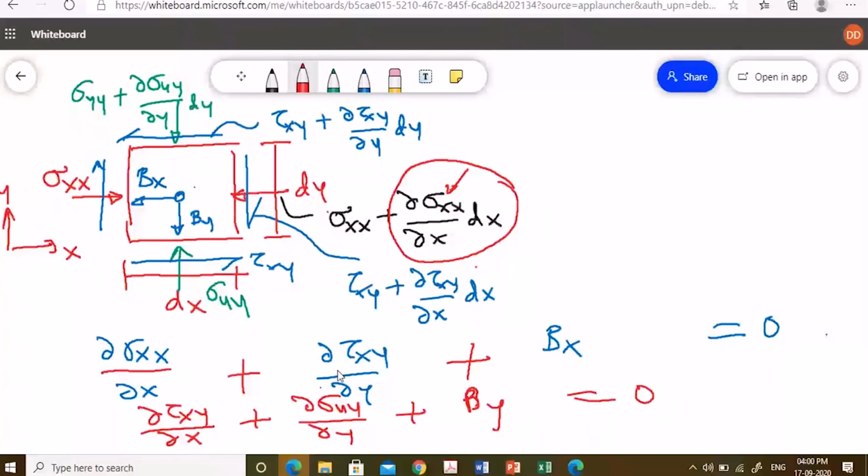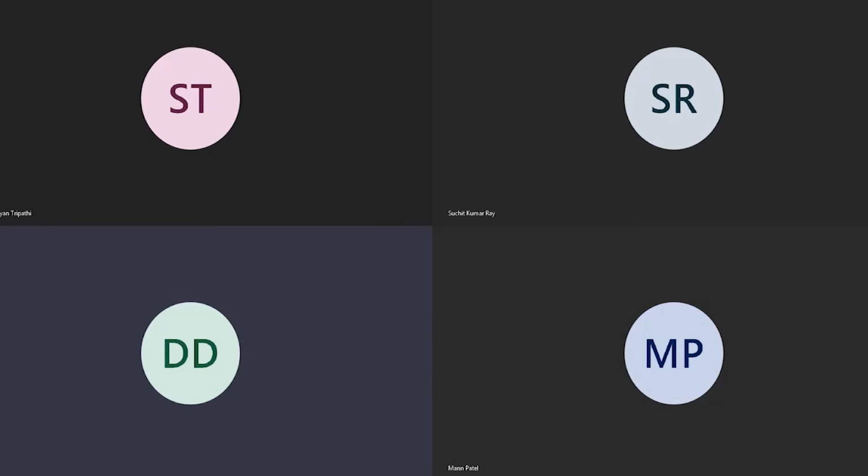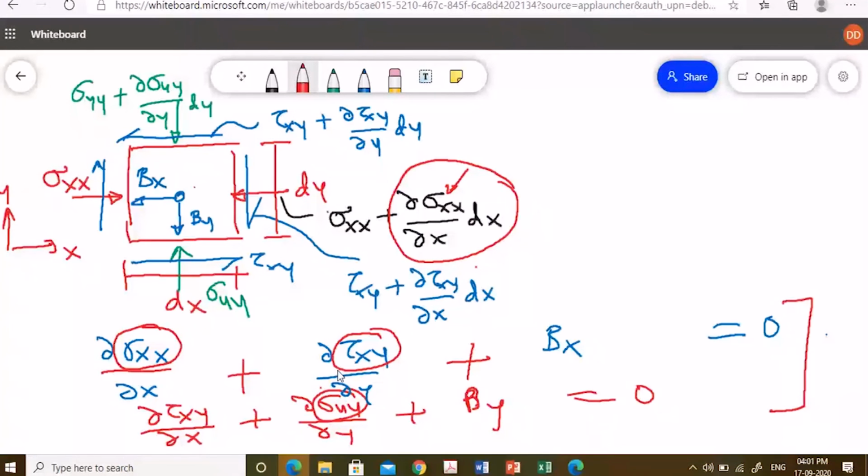This is a very, very important equation. Similarly, in 3D. I have three unknowns: sigma xx, tau xy, and sigma yy. I just do not know these three terms, and they are functions of x and y. But I have two equations. Can I solve it?